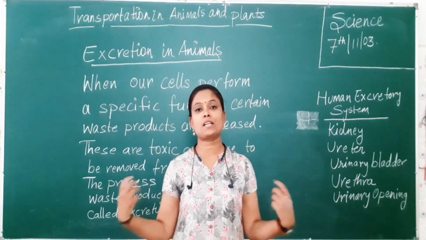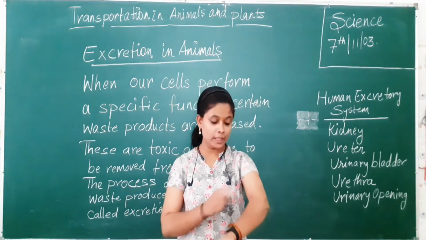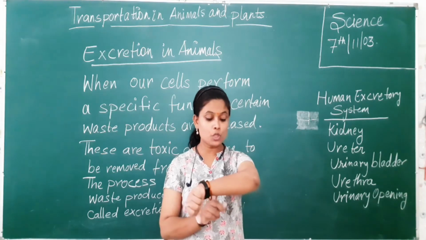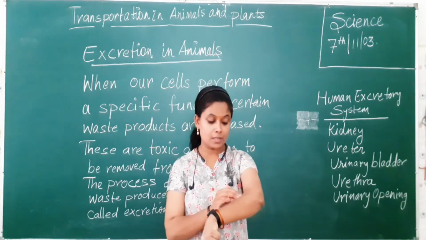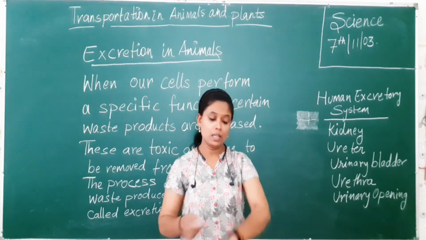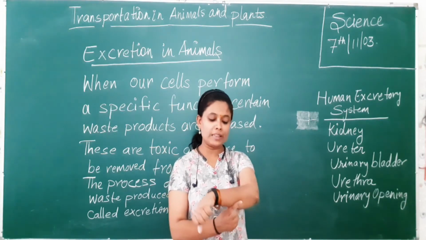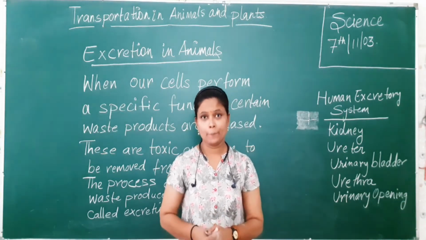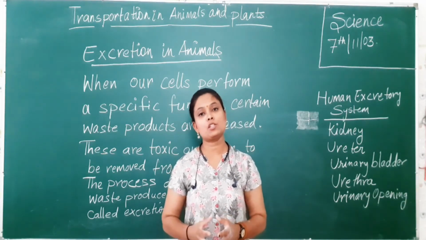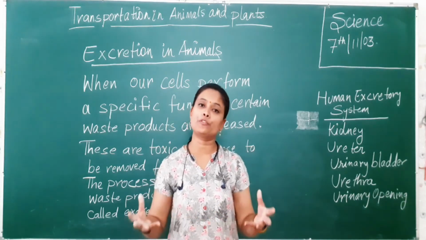A liquid substance comes outside our body through small pores. If you just see your hand, there are some hairs which are coming out still. Hairs are not there, so with naked eyes you cannot see, but there are small pores. From there the sweat comes out from the body.